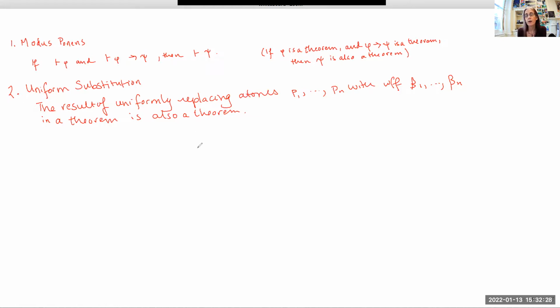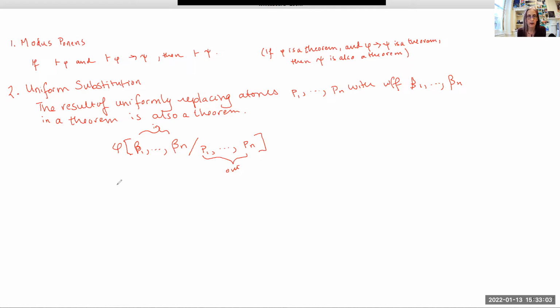So there are a couple of different ways that we can write this process of doing the substitution. Suppose that we have a formula phi. We can either say that if we take all of the beta 1 to beta n and substitute them in for the P1 to Pn, we can write it like this. So we have all of the formulas we're substituting in, all of the ones that we're substituting out.